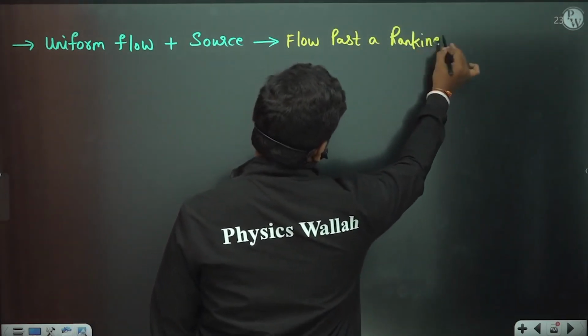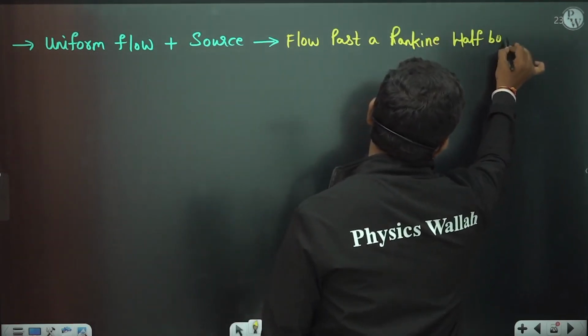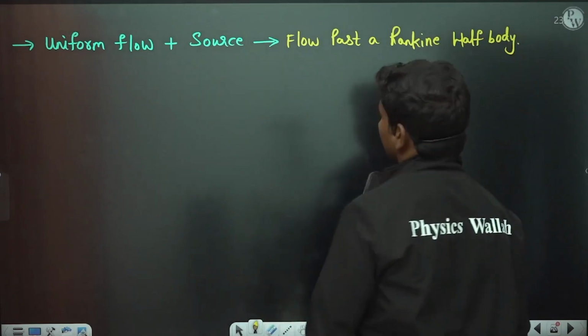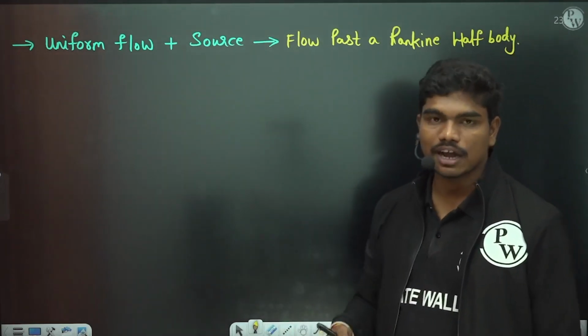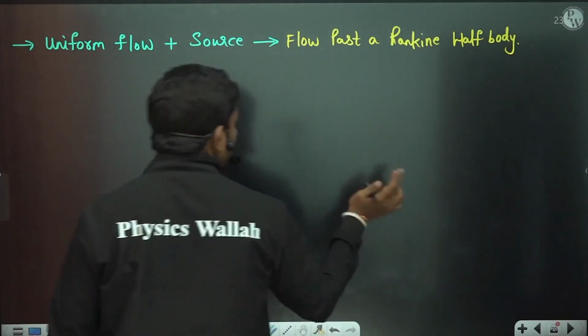Flow past a Rankine half body is what you have. Then we have also seen source plus sink.